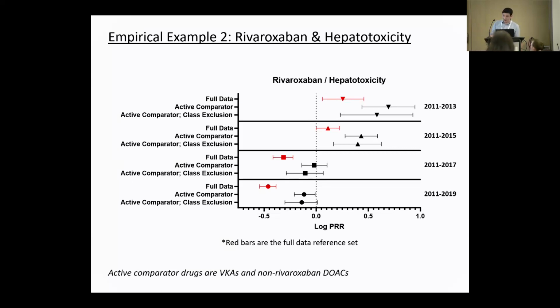Then over time, the signal dissipates towards the null until it crosses somewhere in and around 2016 for the full data comparison set, whereas the other 2 maintain a signal for longer. So this demonstrates that there may be some problems with these restricted reference sets relative to benchmark, and benchmark again is all drugs in the spontaneous reporting data.